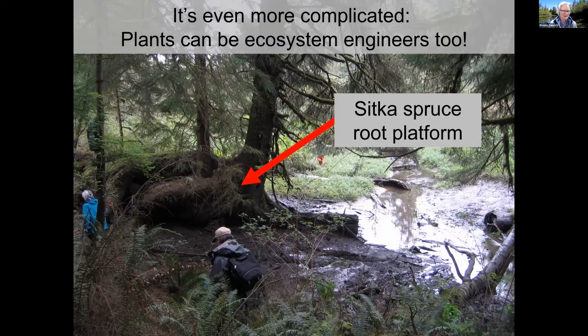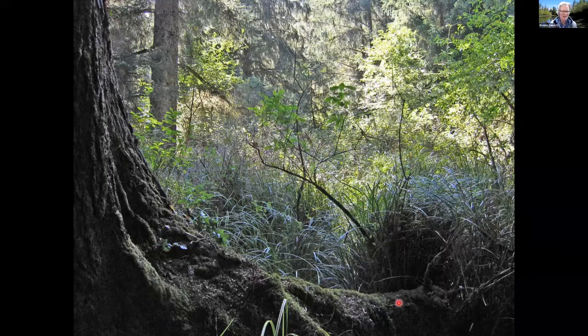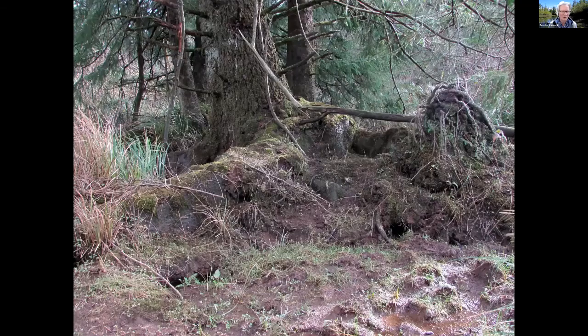So here you're seeing the stem, the trunk of the Sitka spruce, the buttress here, and then the root platform extending out. And maybe a little better picture from the edge of a cow pasture, so the cattle have kind of trampled it down where you can see a little better what's going on. And these big roots create a platform, and soil will form up at this elevation, a foot or two above the surrounding wetland surface. So they really change their environment.